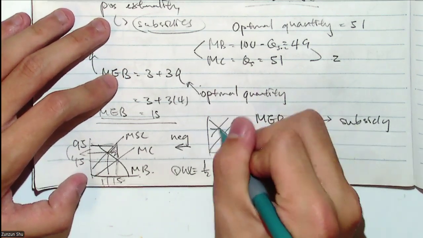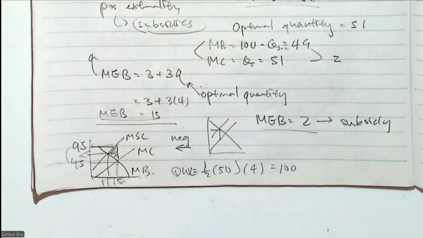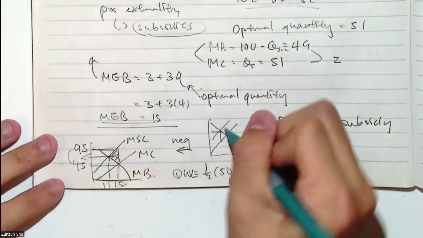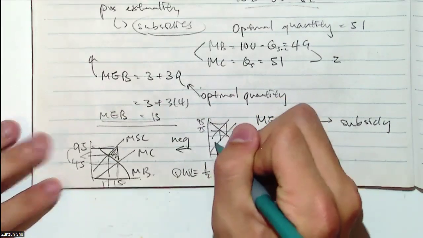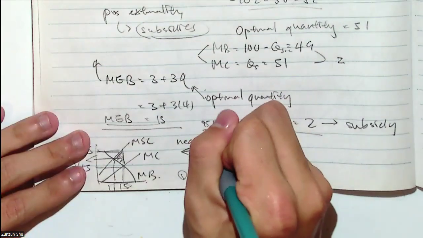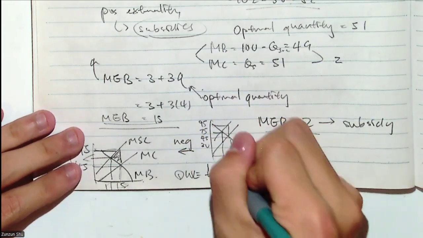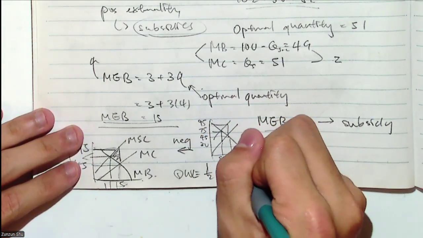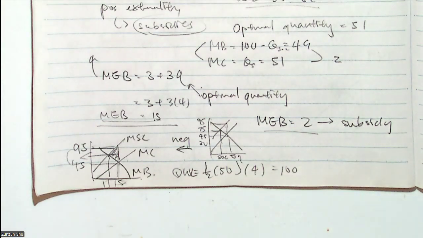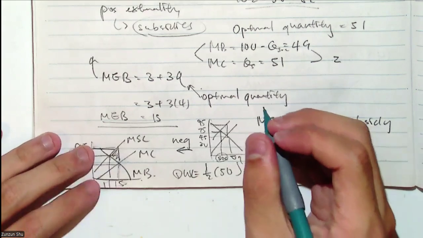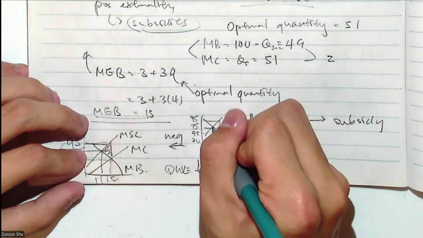And this is 95, 75, 45, and 30. And this is your socially optimal quantity. This, however, is your equilibrium quantity. You're going to use whatever you have in your socially optimal quantity, and specifically, you're going to use the points here.